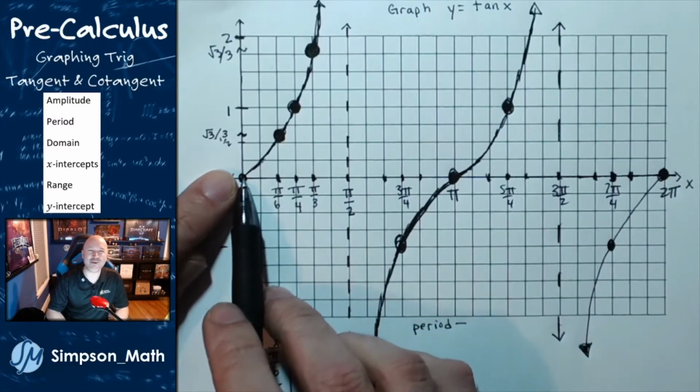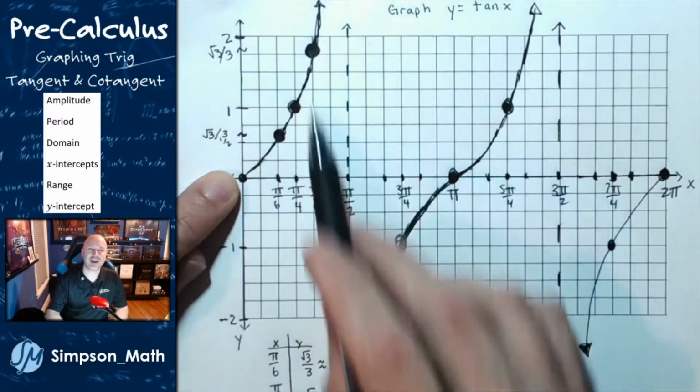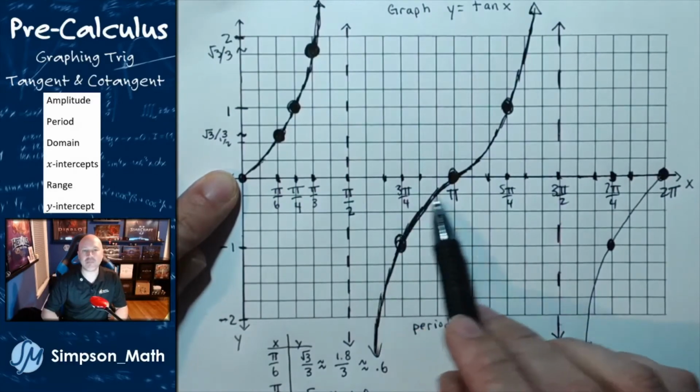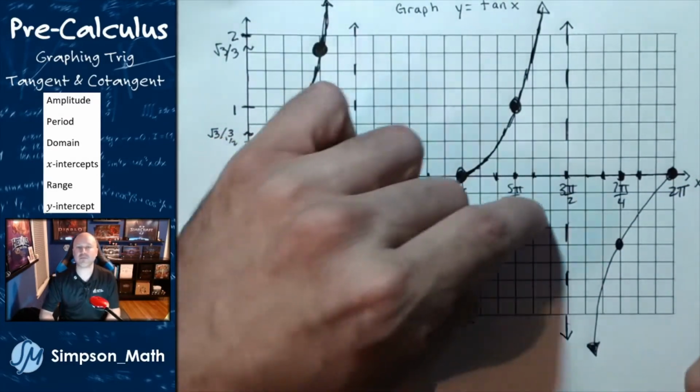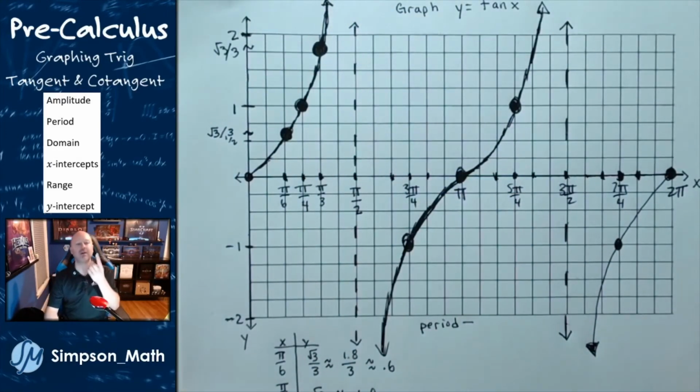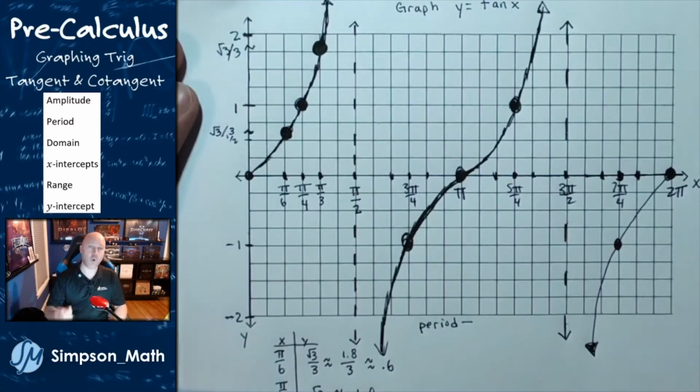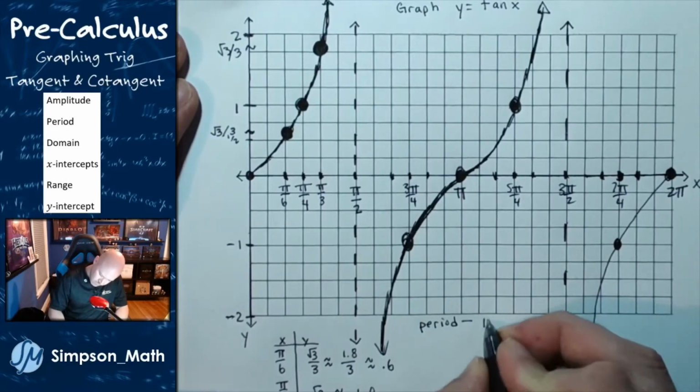So if I start at 0 and I'm increasing, that seems to happen again at pi, where I'm just repeating myself. So cosine, sine, cosecant, secant all had periods of 2 pi. Tangent has a period of 1 pi.